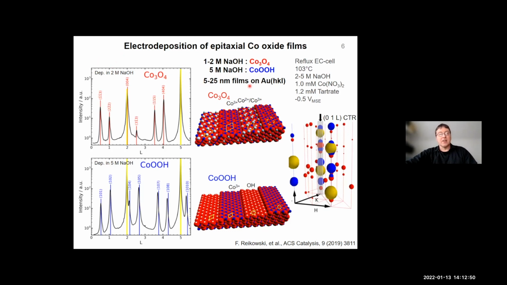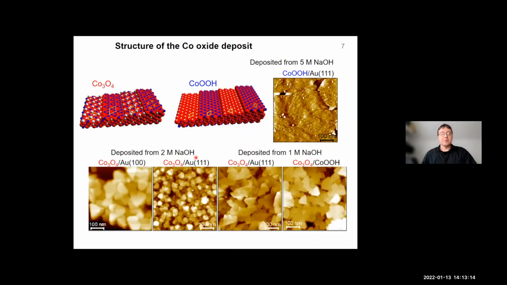They have a well-defined stoichiometry, so depending on the deposition conditions, we can deposit either Co3O4 or this layered material cobalt oxyhydroxide, in a very nice epitaxial way on gold single crystals. And these are the samples we are working with.